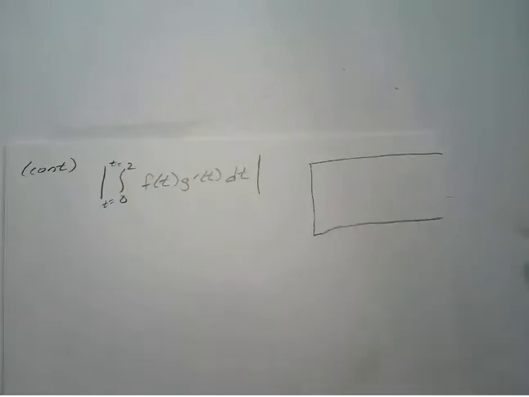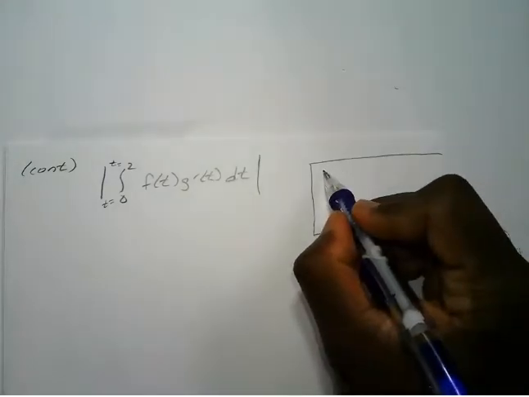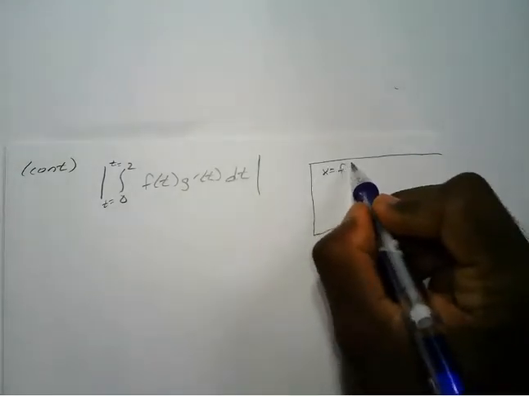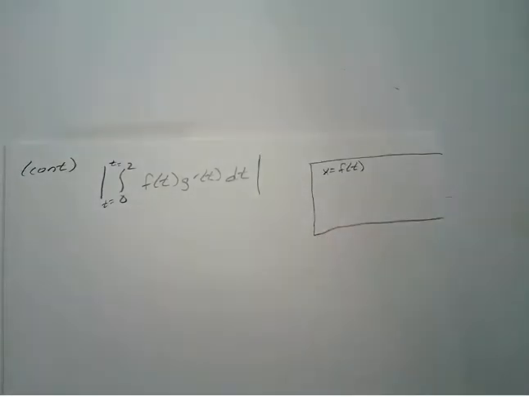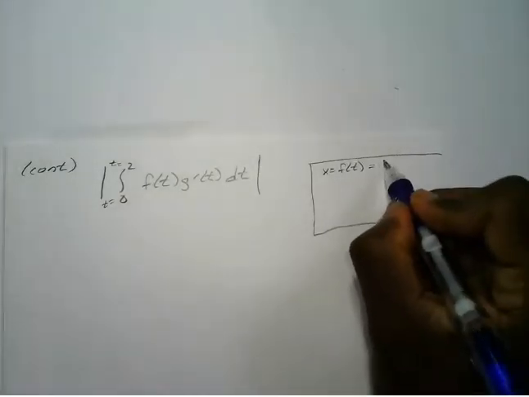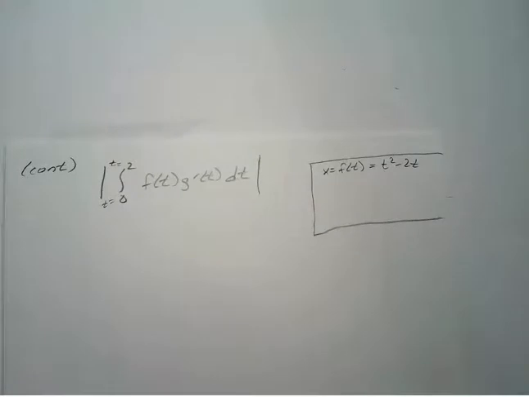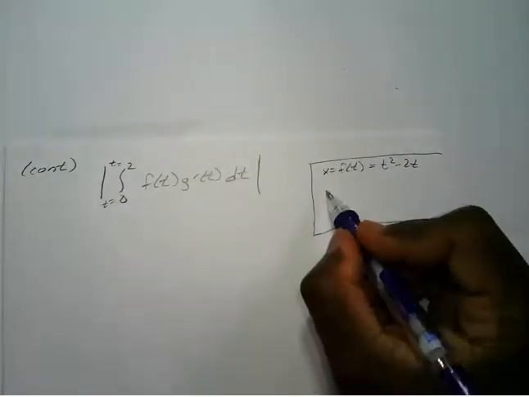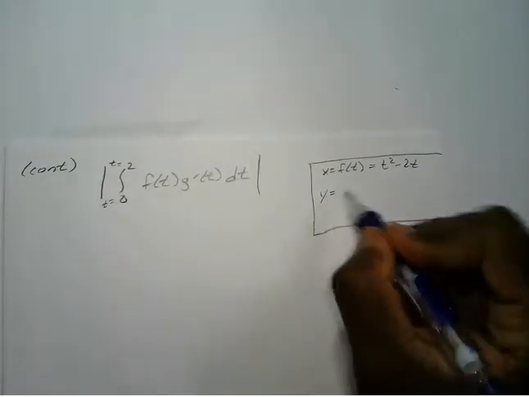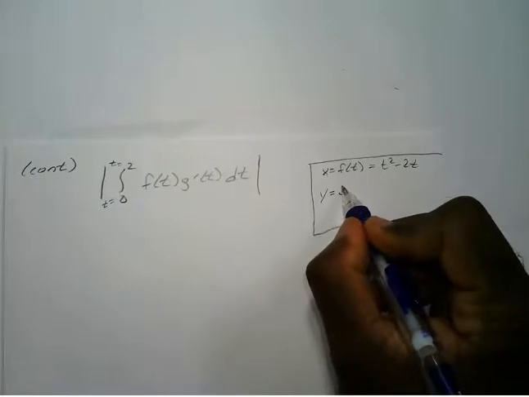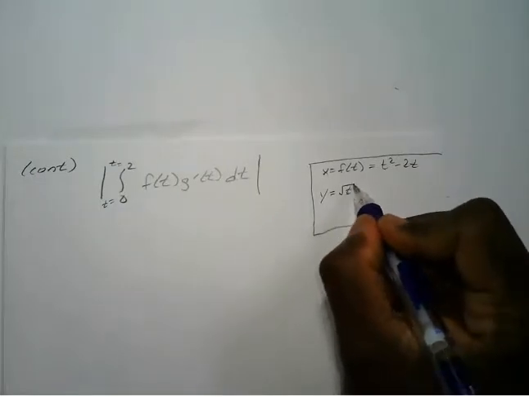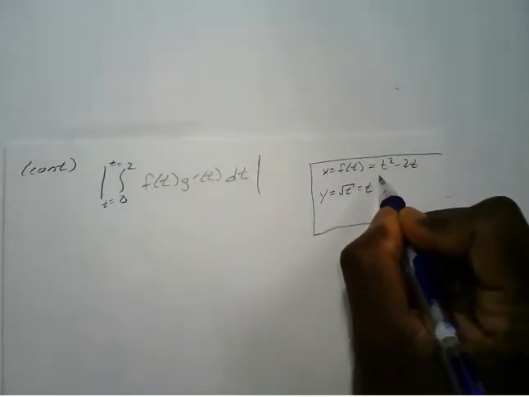Okay, so we get a look at it. We know that x is equal to your f of t, which is t squared minus 2t. And we know that y is equal to square root of t, which is t to the 1/2.